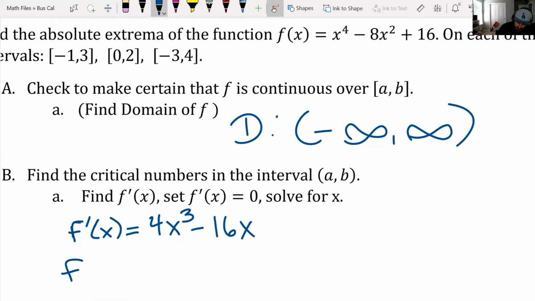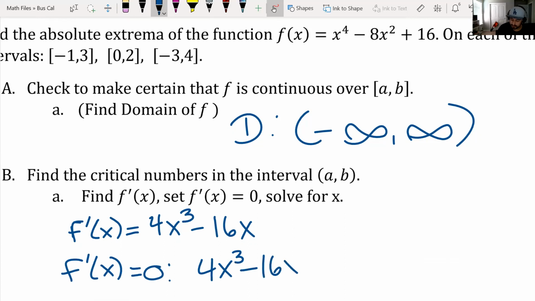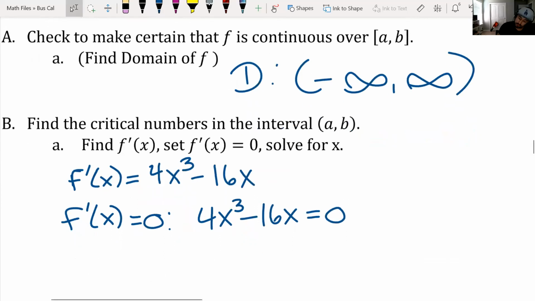Then take your derivative, set it equal to 0: 4x cubed minus 16x equal to 0. And then solve for x. Take a 4x out.